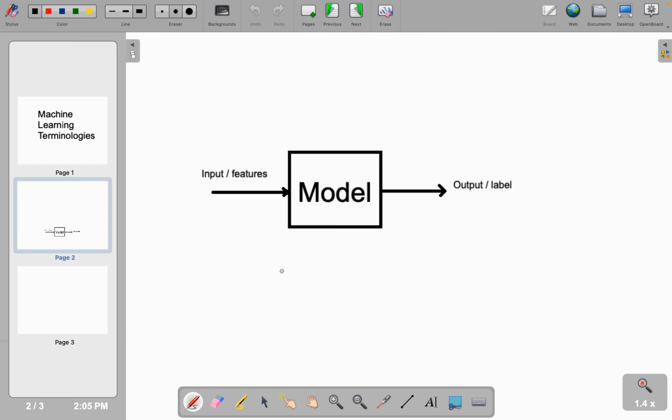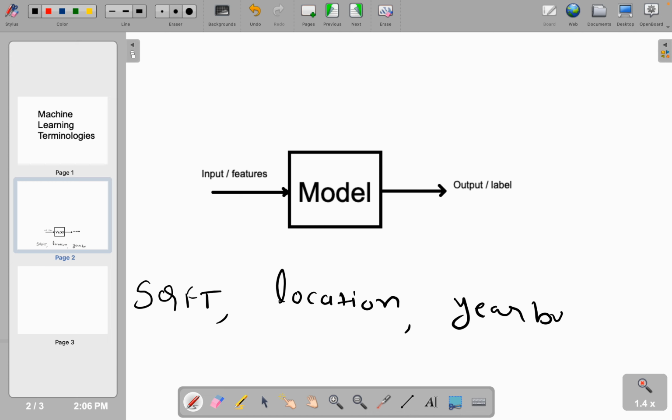Let's say, one would be square feet, second can be location, third can be year built, when the house was built, right? And there are multiple variables or features. These features help the model to learn how to predict, right?